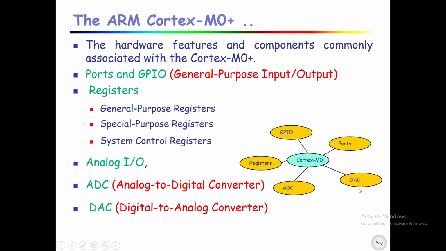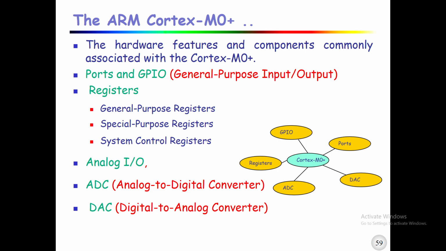The hardware features and components commonly associated with these M cores are parts like the port GPIO for general purpose input output, and the registers, which refer to the memories. They are classified into three: general purpose registers, special purpose registers, and system control registers. Each of them has its own function and different performance capabilities.